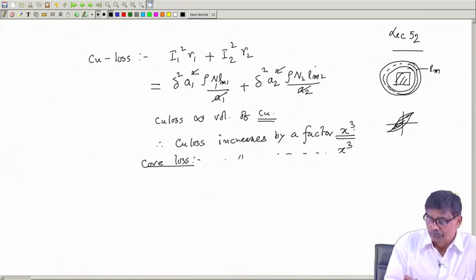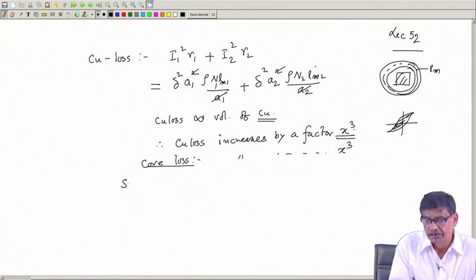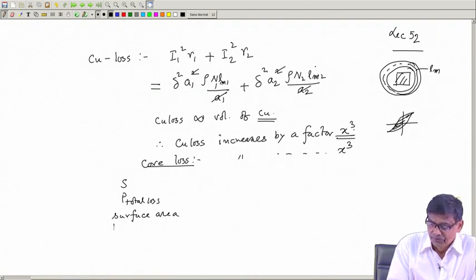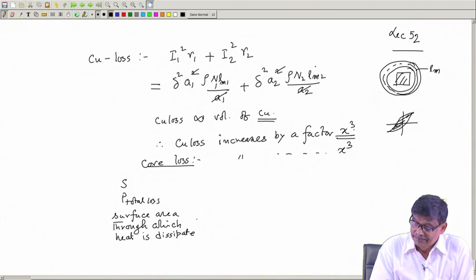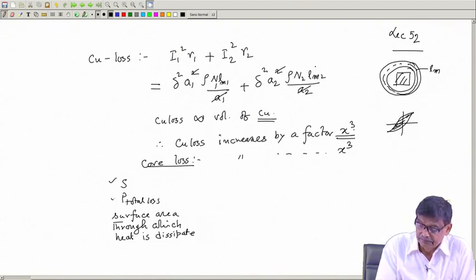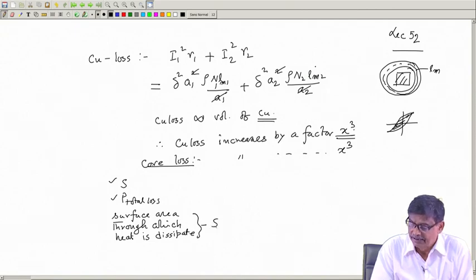Therefore, to summarize, if this was your original KVA rating S, this is the total loss P total loss, and this is the surface area through which heat is dissipated, some effective surface S surface.